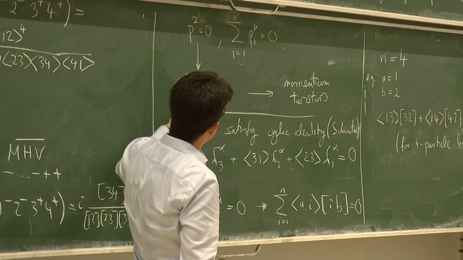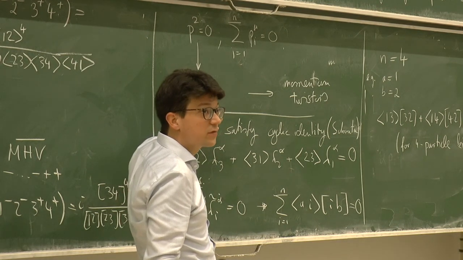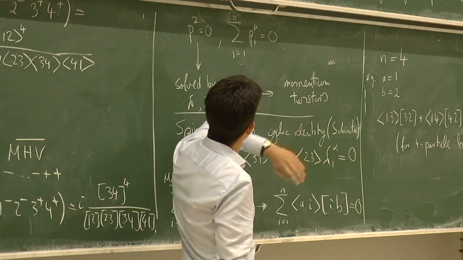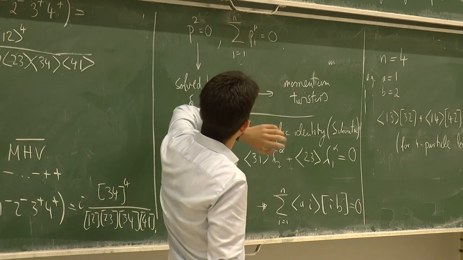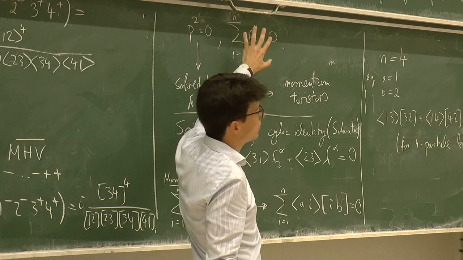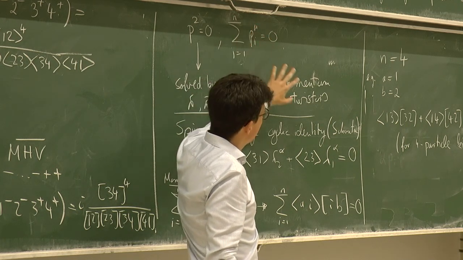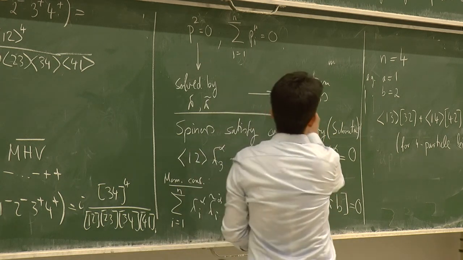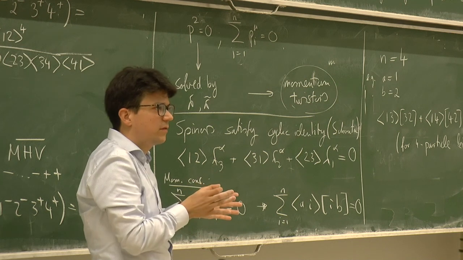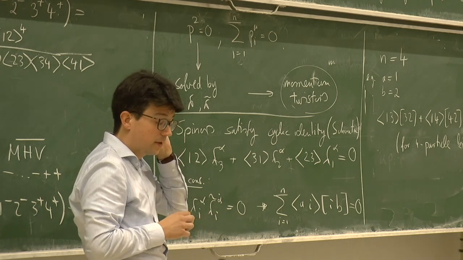We basically start from these lambdas, but then there's some non-trivial step where you exchange these lambda tildes for some other variables. But the upshot is that with these momentum twistor variables, you have both of these desired properties. You manifestly solve the on-shell conditions, but you also solve the momentum conservation condition. So these momentum twistor variables are completely unconstrained, and you're free to choose any values.